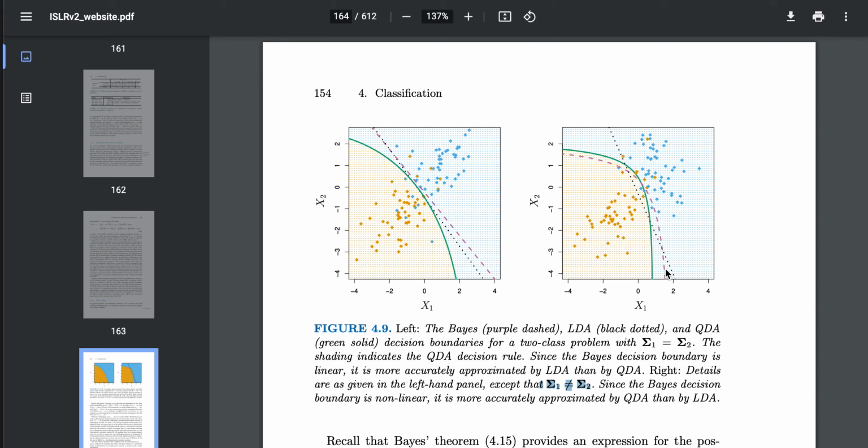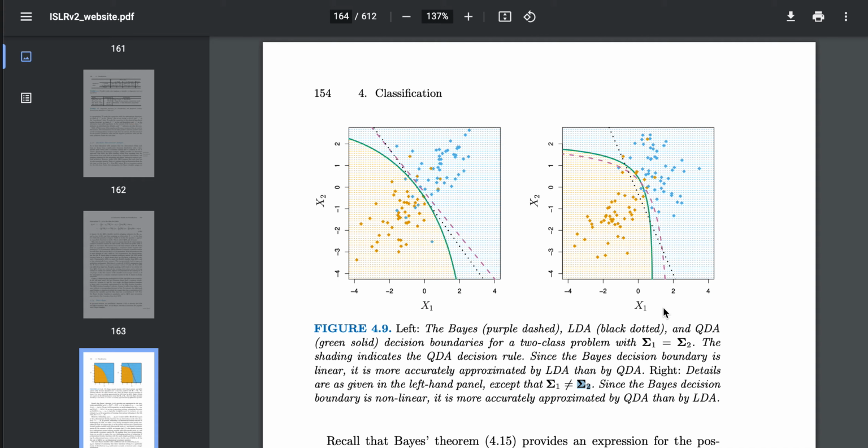So if an oracle would give us sigma 1 and sigma 2 and mu 1 and mu 2 and pi 1 and pi 2, then we could come up with this decision boundary, the purple dash. That's the best thing we could do.